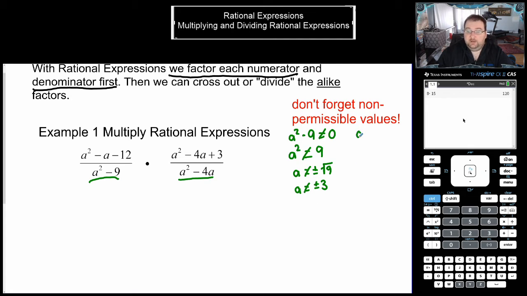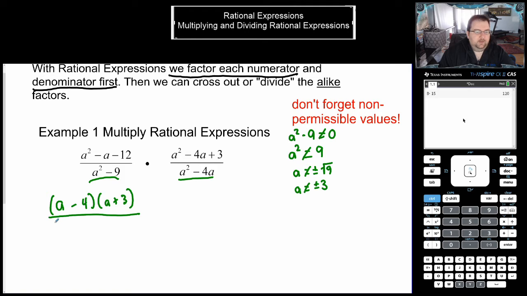My second one is a squared minus 4a cannot equal, actually we're going to factor that first. Yeah, let's factor this one first. So you have, let's factor it all. A minus 4, a plus 3.